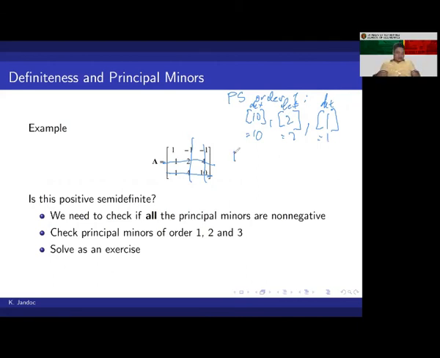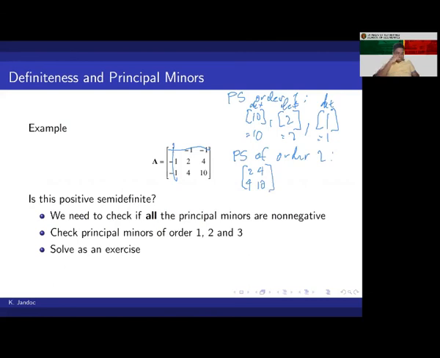Now let's look at the principal submatrices of order 2. Okay? Now how do you do that? Well, you delete one row and one column that is of the same number. Okay, so first let's delete row 1 and column 1. So we're left with the matrix 2, 4, 4, 10.